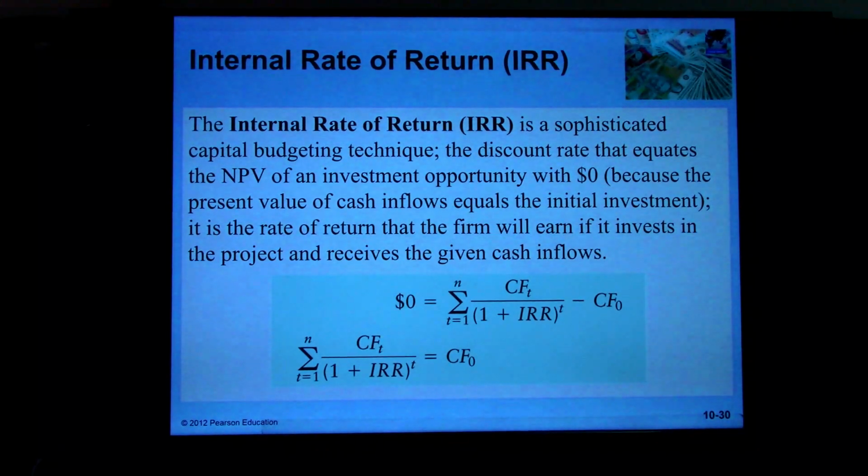It could be defined as the discount rate that equates the NPV of an investment opportunity with 0. In other words, if you use the internal rate of return in the NPV equation, you will find that NPV is equal to 0.